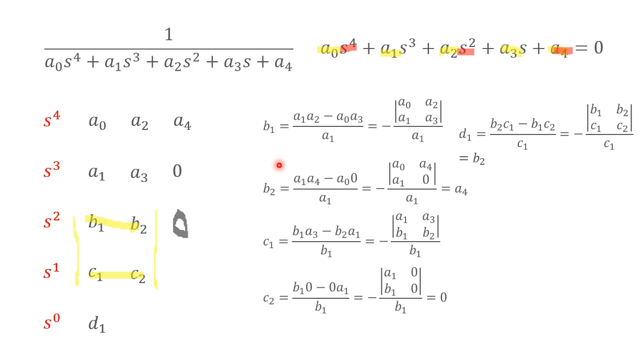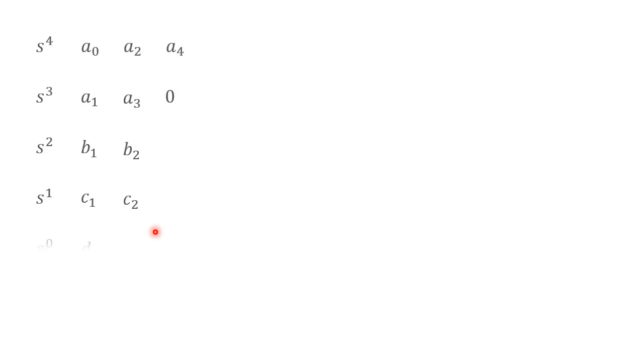Now let's see how we are going to comment on the location of poles and stability regarding this Routh table. This whole table is our Routh table. In the previous slide, we have created our Routh table given as this.